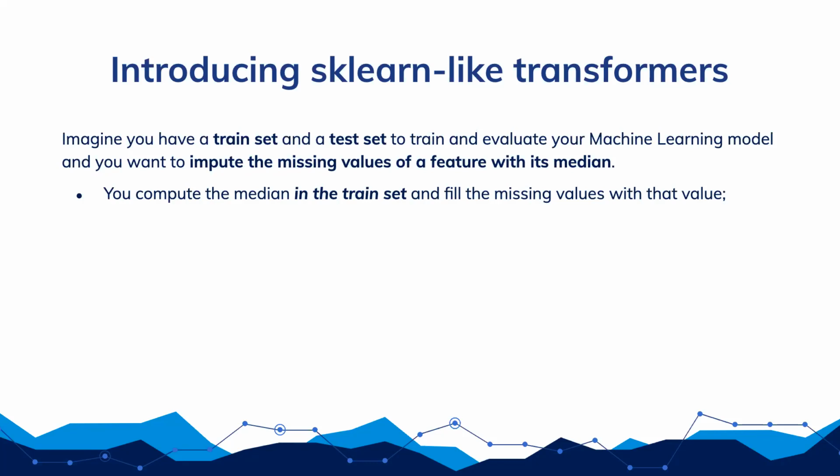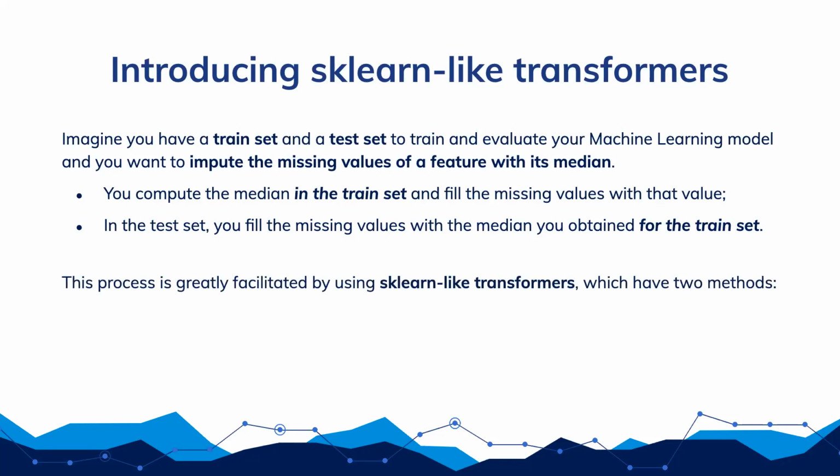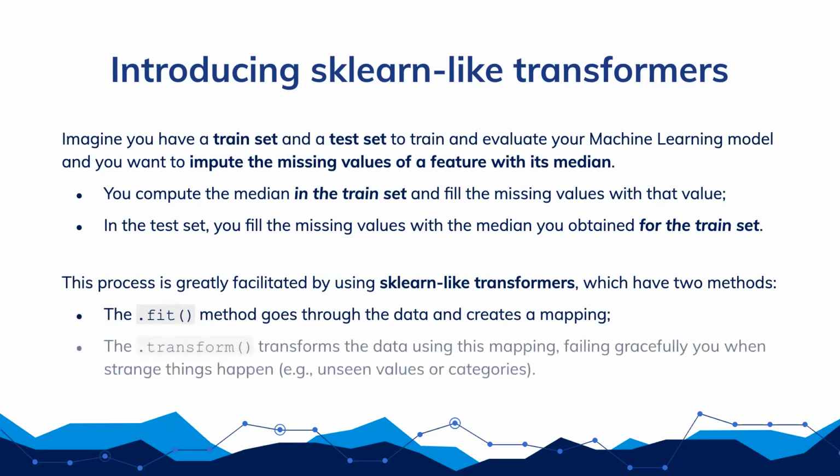Okay, going back to here. In the test set, you fill the missing values with the median you obtained from the train set. I hope this point is clear. So this was the concept. Now let's go back to code. There are things called transformers, available in sklearn and other packages, which allow you to perform this idea in a very simple way, using the kind of stuff you've already been using so far.